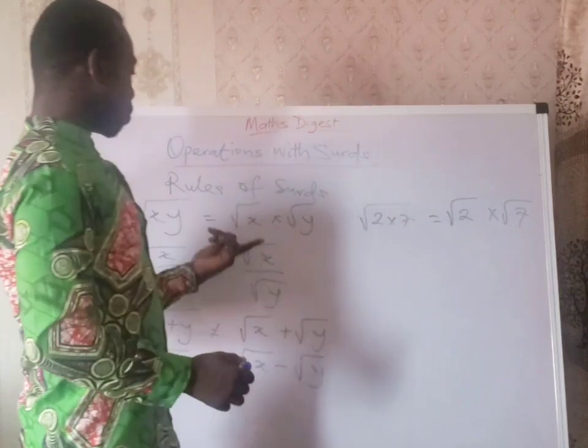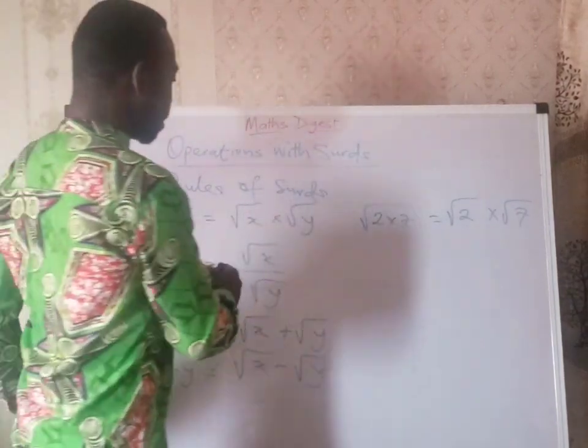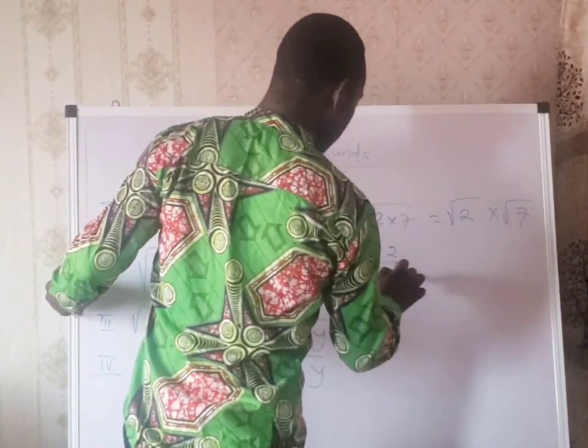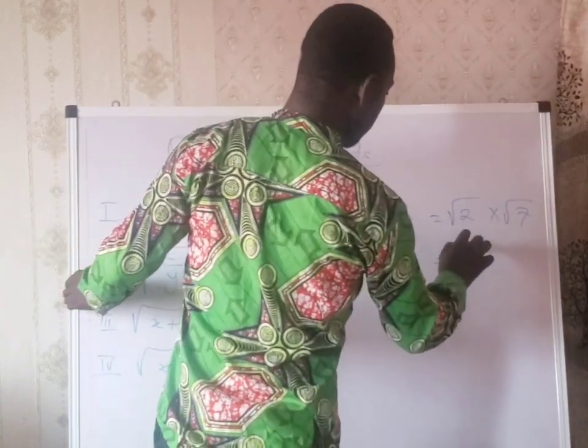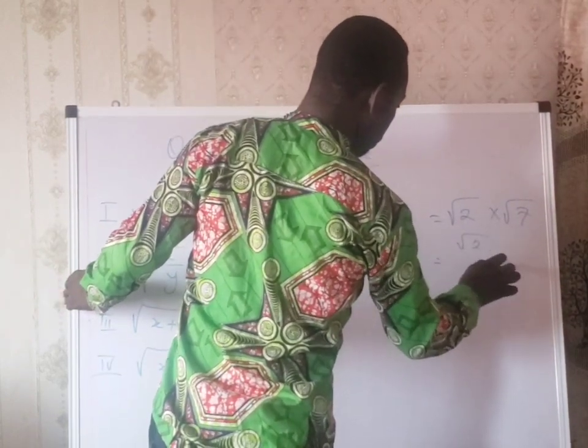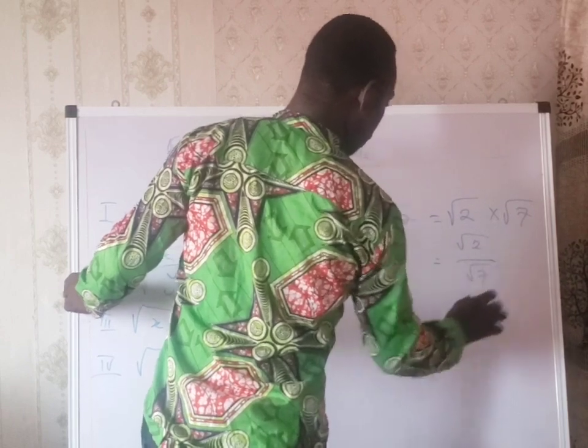So that is what we are trying to explain here. And for division, root of 2 over 7 can be rewritten as root 2 over root 7.